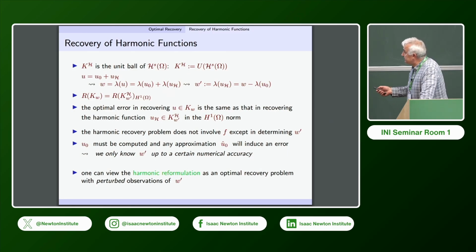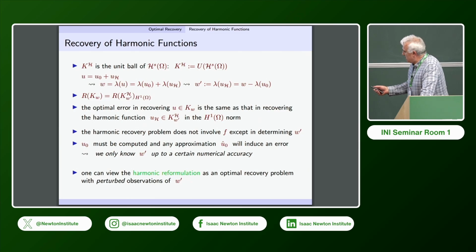Okay, so if we want to recover the harmonic functions, we first want to consider the problem when KH is the unit ball of curly HS for some S, and that would be our compact set which we consider.